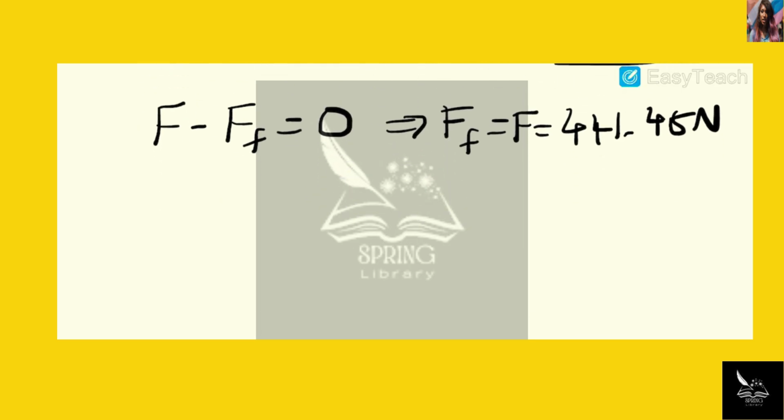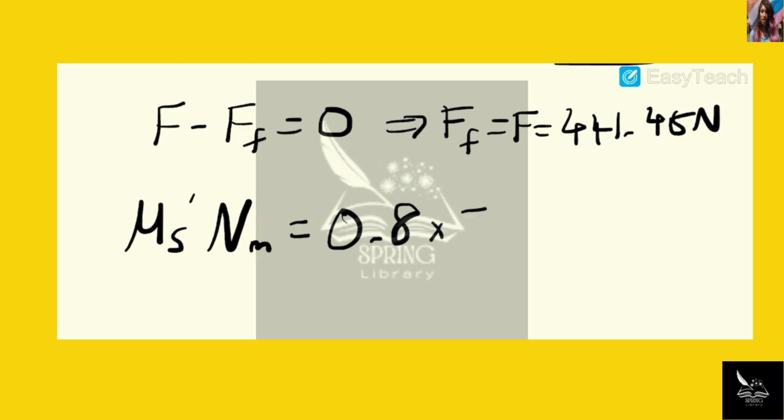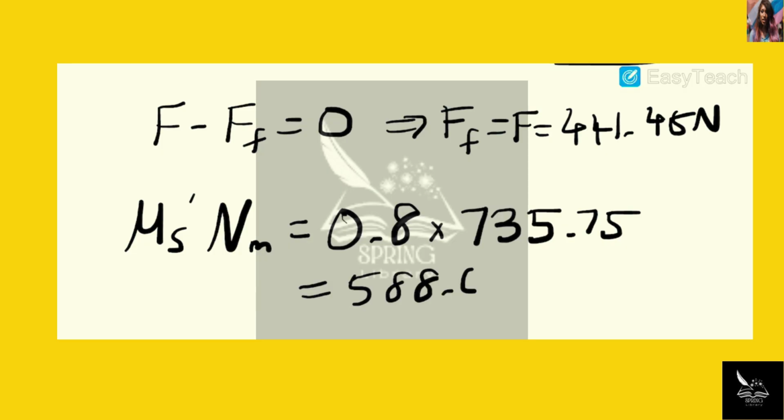Next, we can say that the total possible maximum static friction force is going to be equal to mu s between the man and the ground, so let's call that mu s prime, times the normal force N m. And we know that this is equal to 0.8 times 735.75, which gives a maximum static friction force of 588.6 newtons.